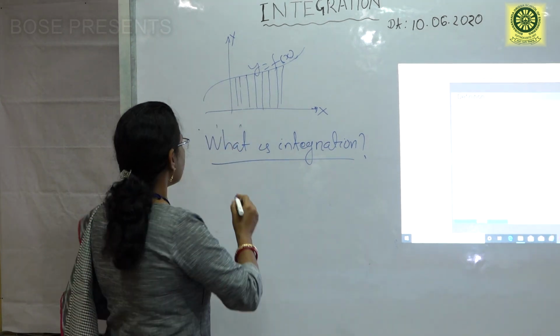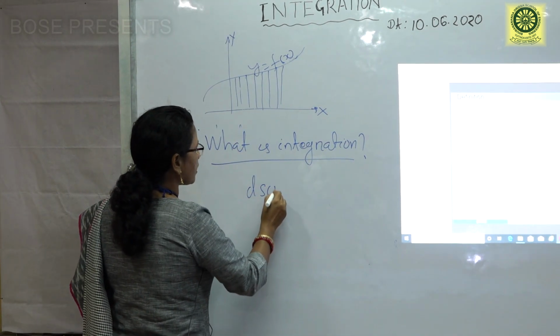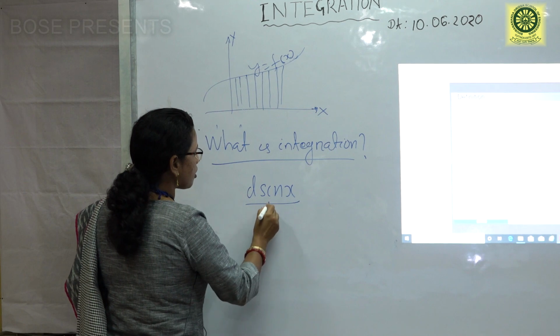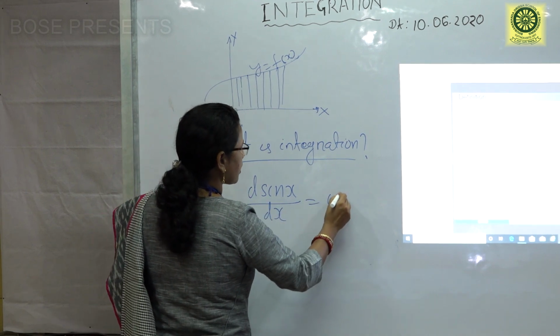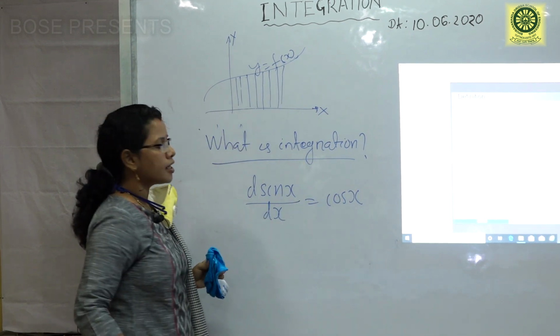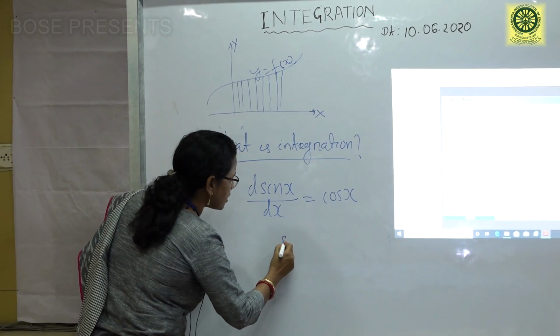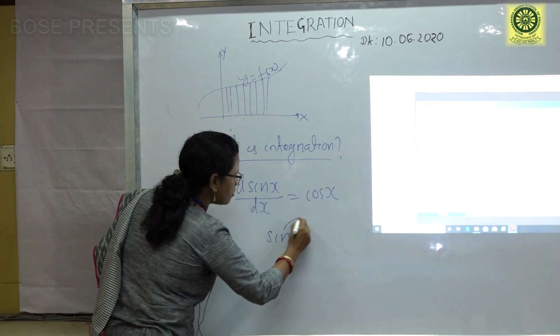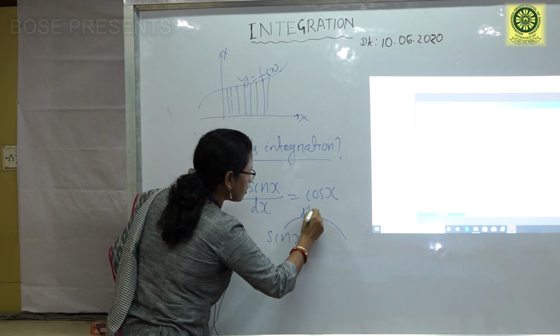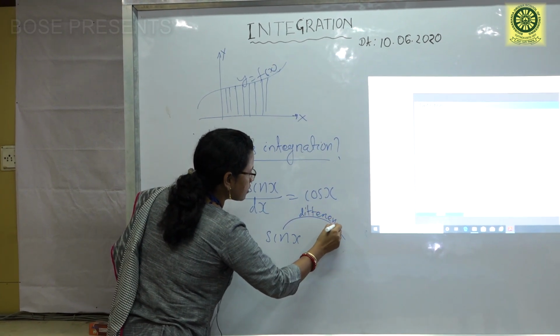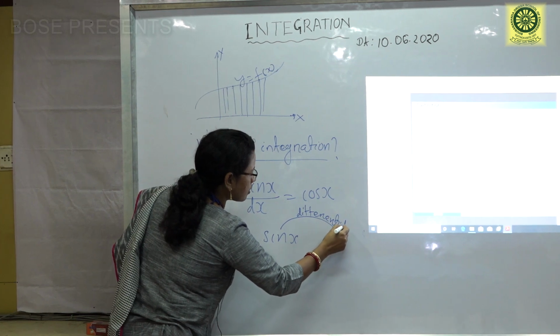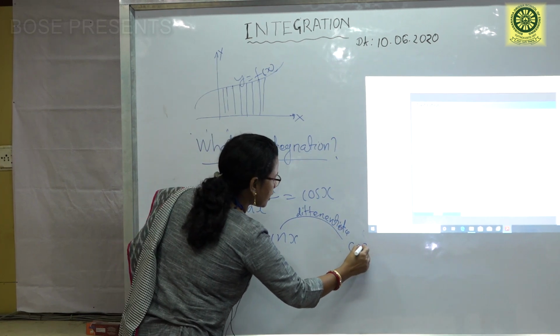In particular, the derivative of sin x is cos x. That is, if you differentiate sin x, you will get cos x.